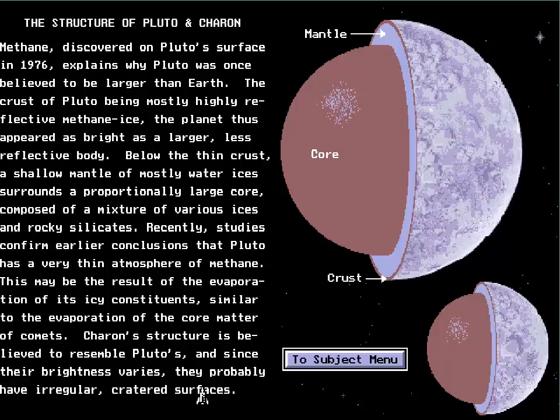And where it says cratered surfaces, we actually now know from the new high-res images from New Horizons that the crust of Pluto and Charon is young, suggesting that there's still active forces possibly in the planet, or maybe there's just not a lot of asteroids crashing into them way out there.